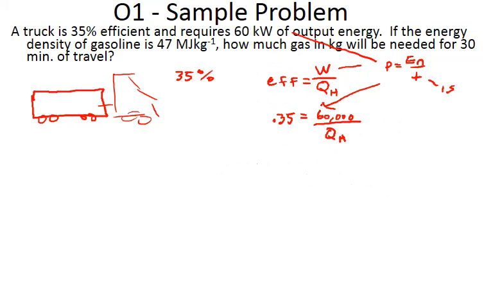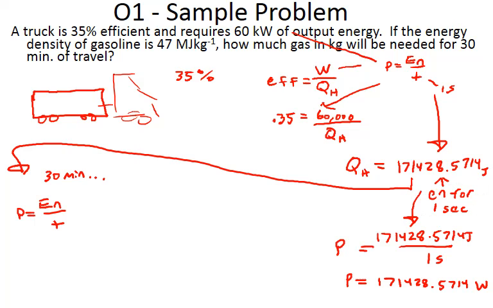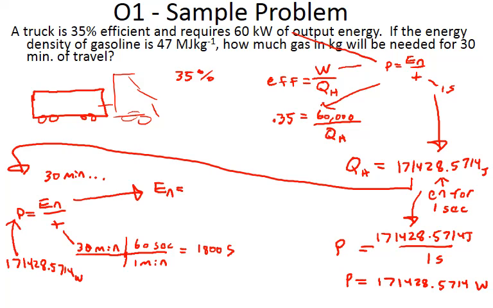And so therefore, for 1 second, we're dealing with 60,000 joules. So in 1 second, that's what we're dealing with. And so the amount of energy in 1 second is this much. That's QH, that's what needs to go in. Then, for 30 minutes, we can multiply that by 1800 seconds.